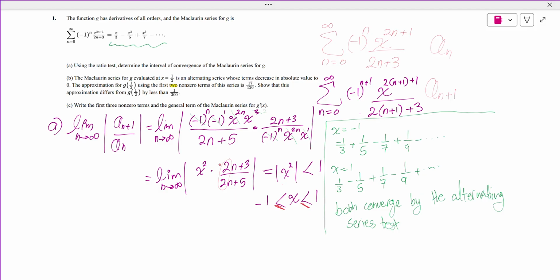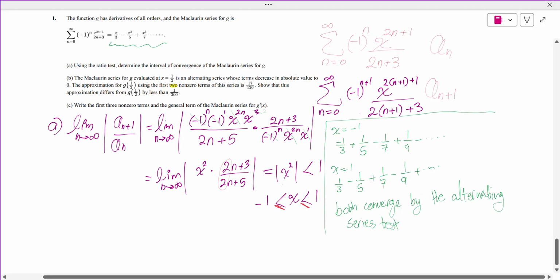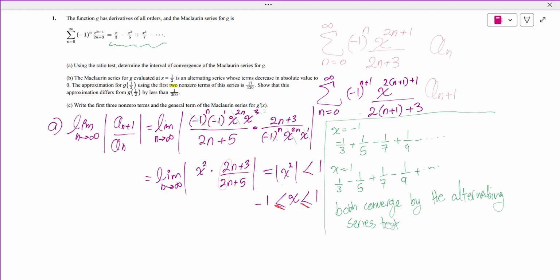We are using two terms. So the error bound is at most which term? The third term.